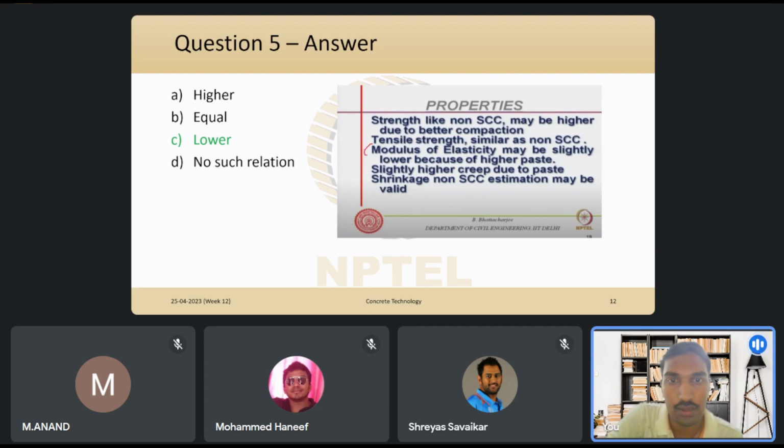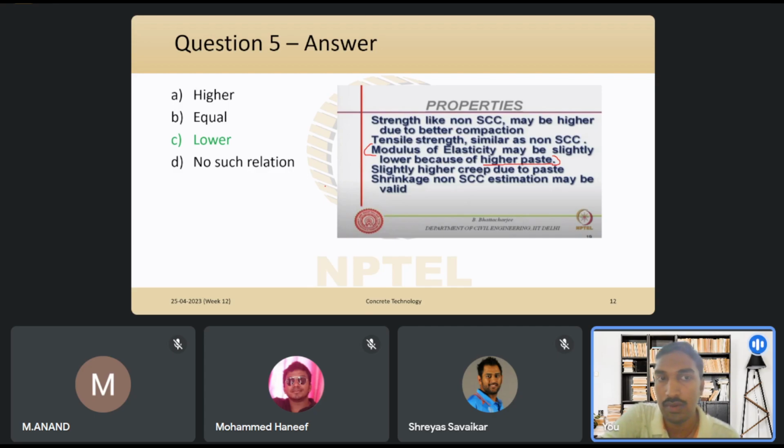It is because of the relative content of your aggregate and your paste. In your self-compacting concrete, you will have a higher paste content relative to your coarse aggregate when you compare it with conventional concrete, right? Why? Because in self-compacting concrete, we want higher flowability or higher workability, right?